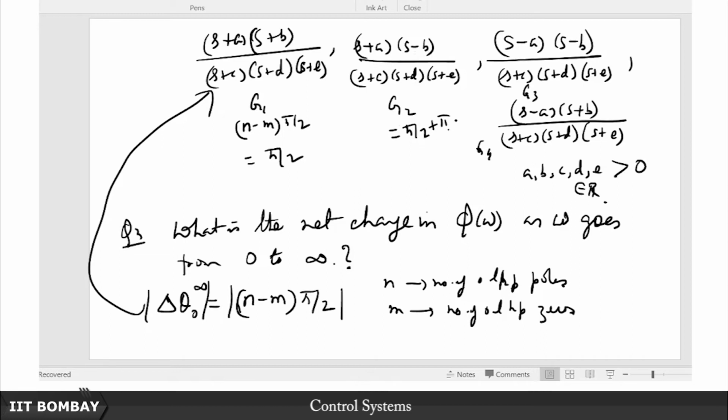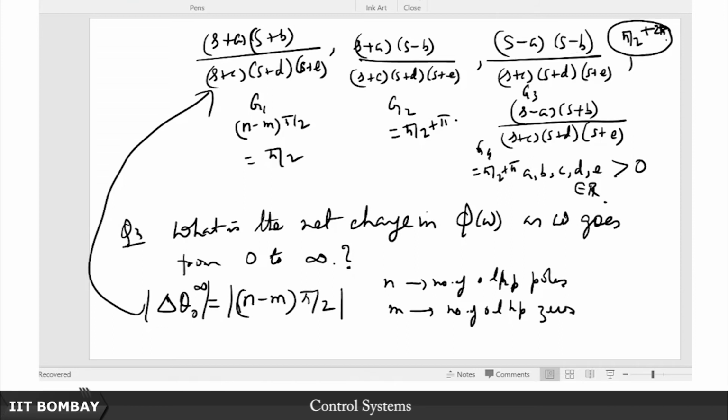So it's going to have a net phase change of 3 pi by 2. Same with this fellow G4, it is also going to have pi by 2 plus pi. And what about this fellow? Well, this fellow will again have pi by 2 plus, now you have 2 of these poles, so it's 2 pi. So that is going to be the net phase change.